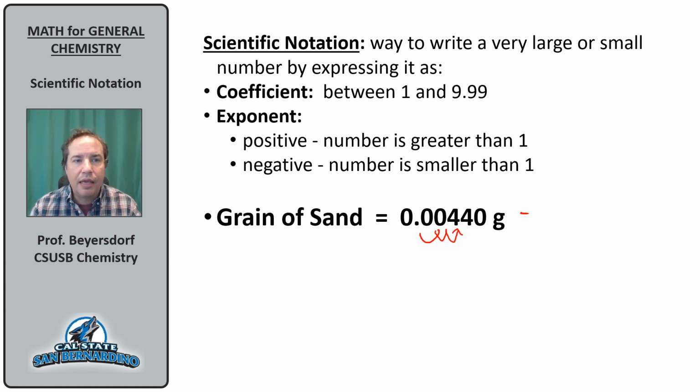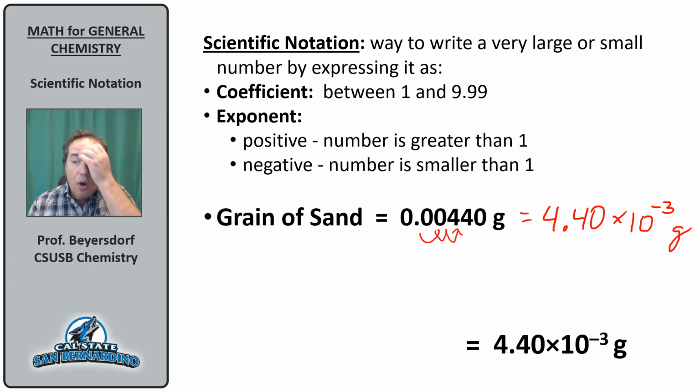And that will get me 4.40. And because I had to move it to the right, it's now 10 to the -3. I keep the units as grams. So what I did there was I took a small number and I turned it into a coefficient and then an exponent. But in this case, it's negative.